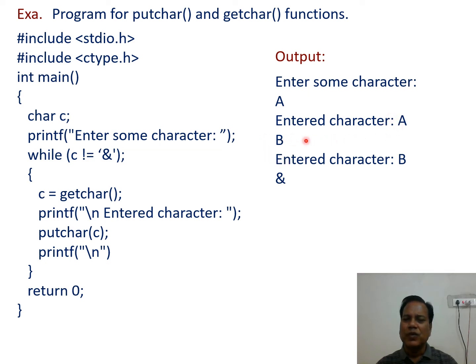When the next character B is entered, that is taken in by the getchar function and printed on the output screen by the putchar function. When the user enters the ampersand sign, the condition in the while loop becomes false, and control comes out of the while loop and ends the function, the end of the program.